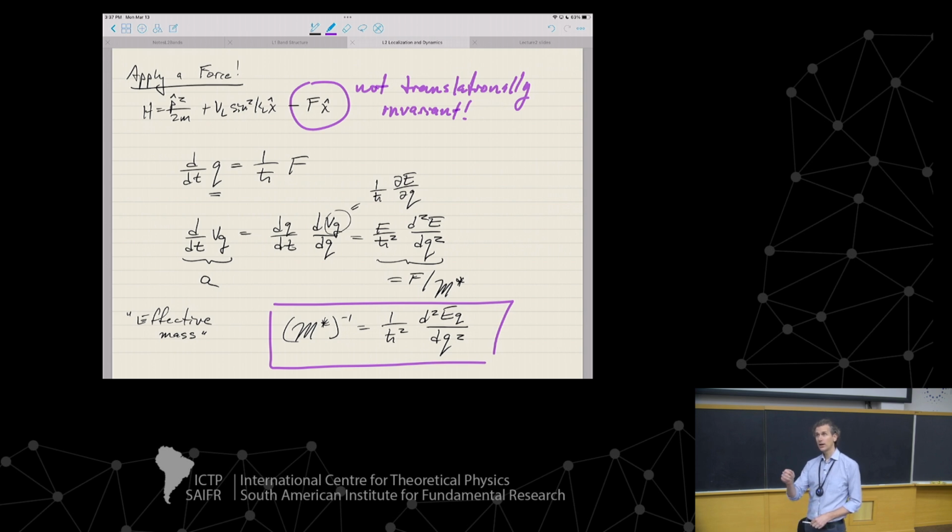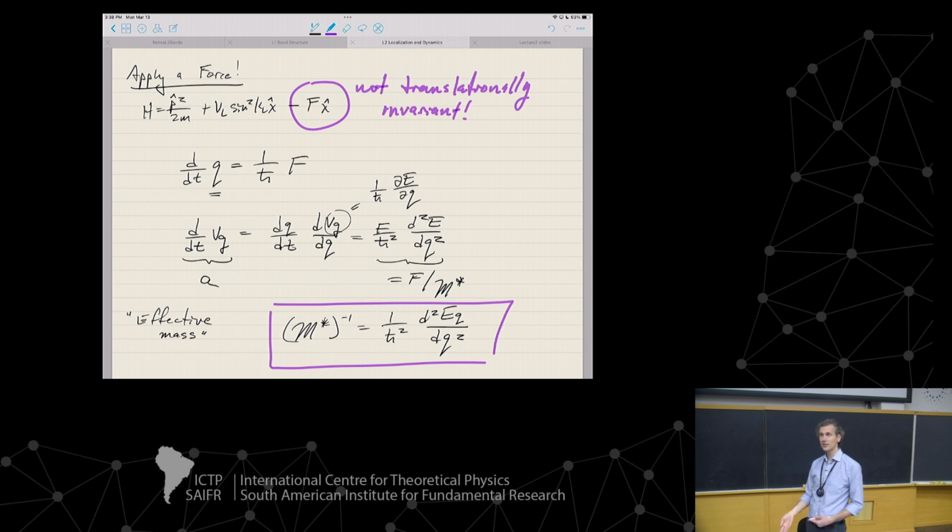And you know that I can write a unitary transformation, which is e to the i A times x operator. So that's the unitary transformation that takes me from this problem, which has essentially an electric field in it, which is what this force is, to a problem with no electric field.